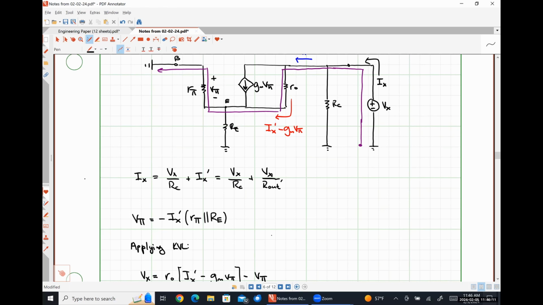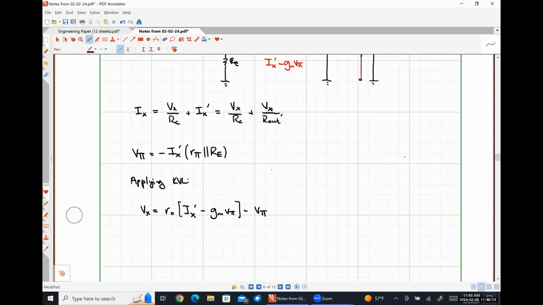Now substituting things in. That's going to look like r naught times Ix prime plus gm, now I'm going to substitute in for V pi.